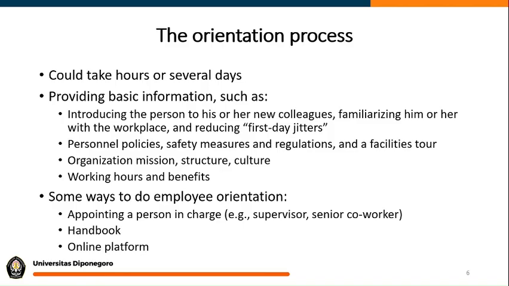because there is a chance that the supervisor or even the senior coworker forgets some important points. But when you already write it down in the handbook or in the employee website, something like that, it will be more structured because you can evaluate it more thoroughly and more carefully, right?